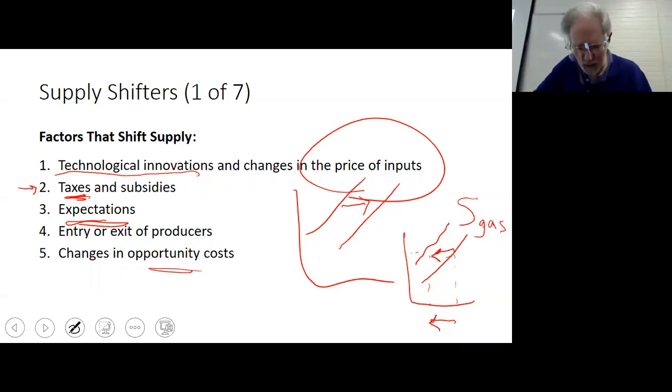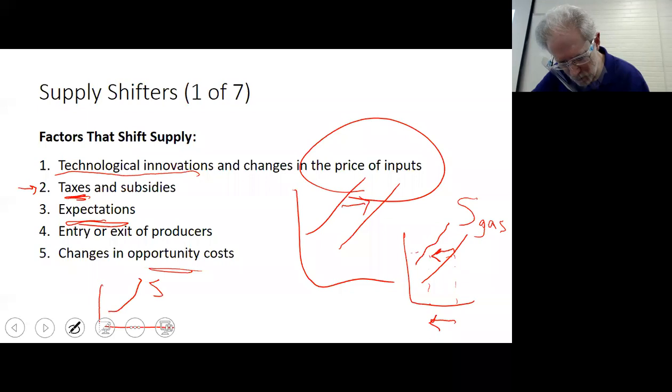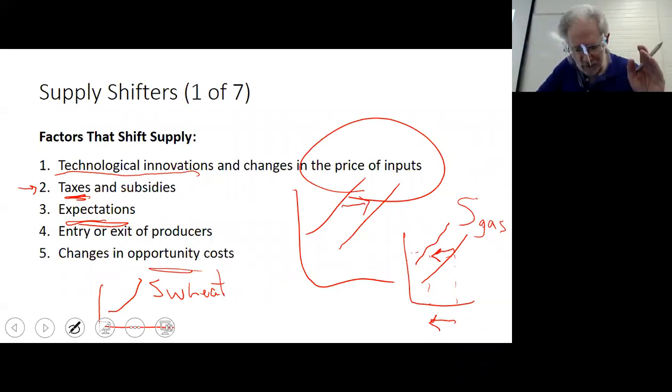Let's say that this is the supply of wheat, and let's say that the land that's used to grow wheat could also be used to grow soybeans. I don't know if that's true or not, but let's just assume it, if it could be used for either one. And let's say you're growing wheat right now.